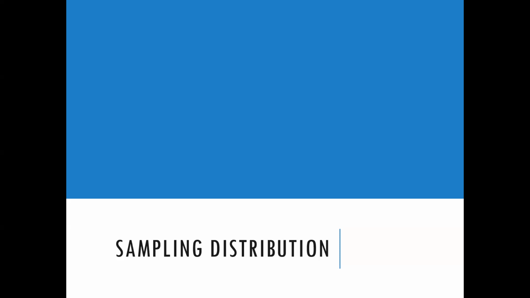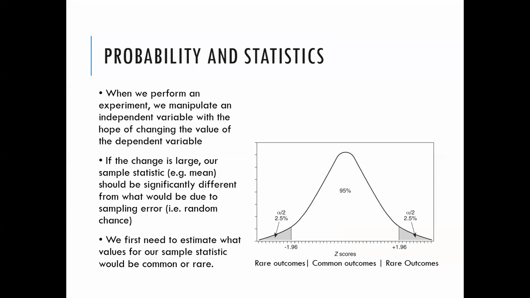So how do we go about figuring out whether our sample statistics are different from the population parameters? Really the aim is, is what we're observing rare or is it common in the population from which we're drawing our samples? To start to get at that, we're going to talk about sampling distributions.